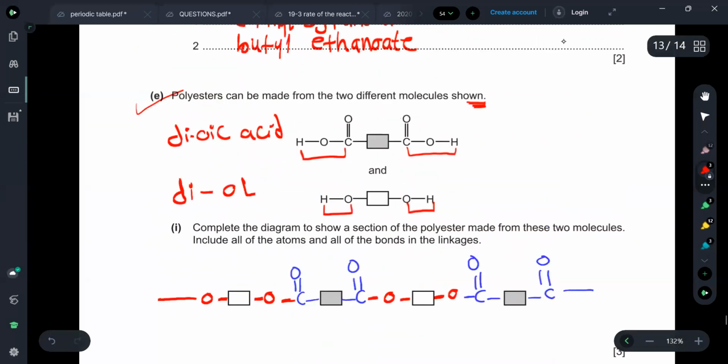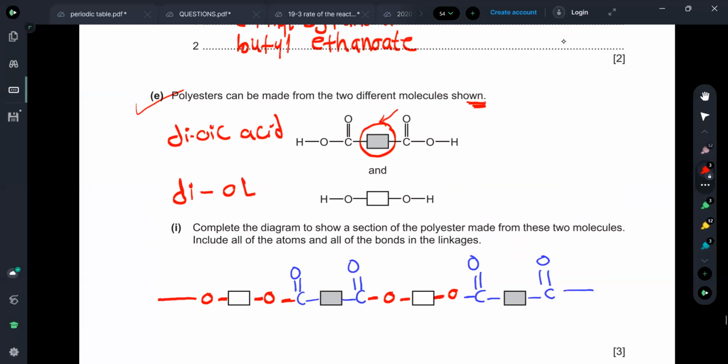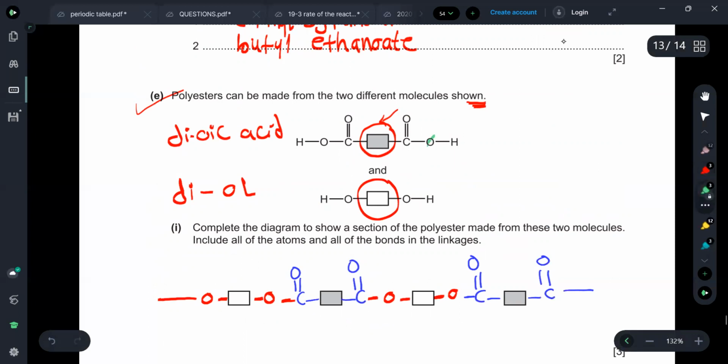So first of all, we have a shaded box for C double bond O, C double bond O, and non-shaded for OH. So first, remove OH from the carboxylic acid, condense it with H from the alcohol, and draw the linkage.